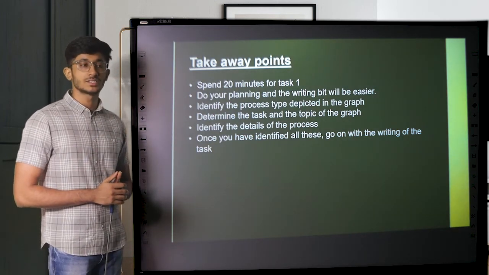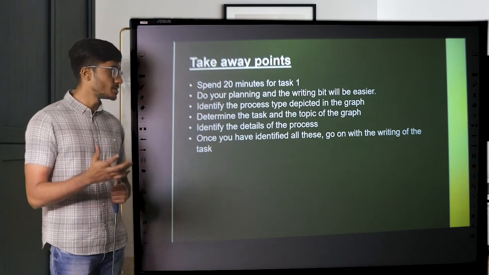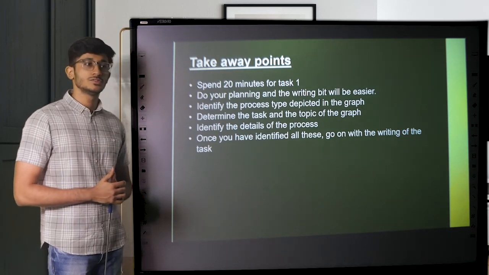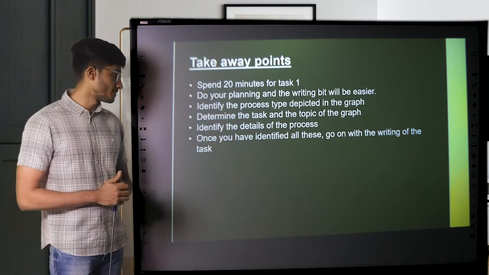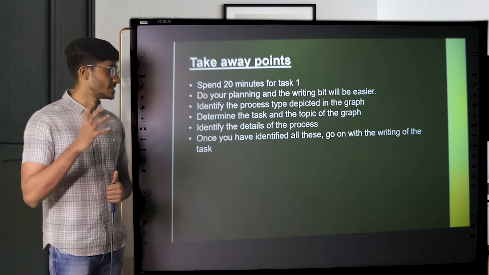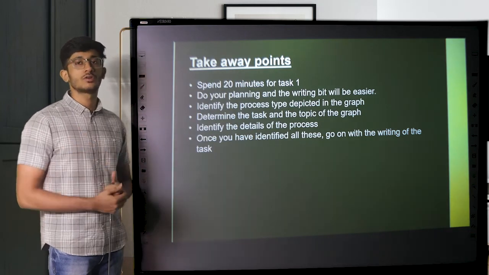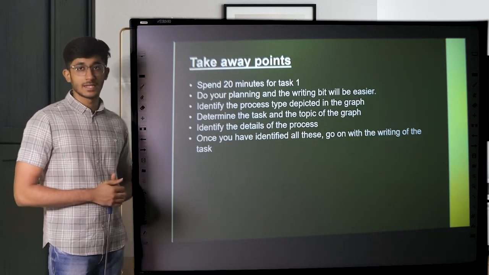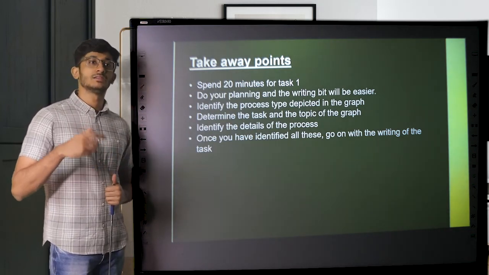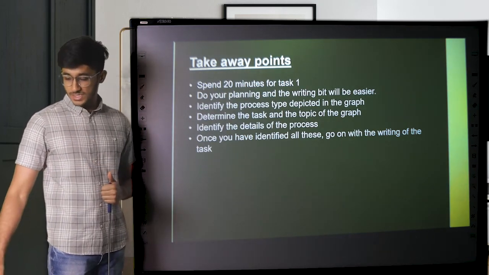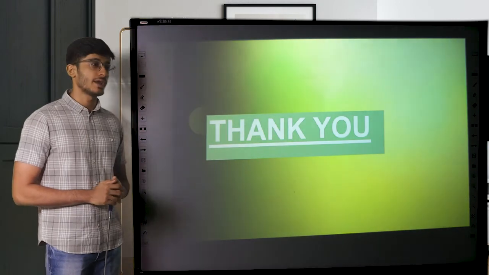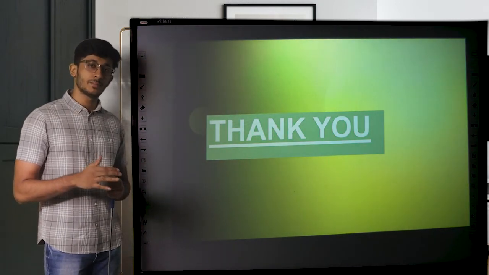And if it is a process diagram regarding changes to a particular place, then you have to jot down details in terms of the before picture and the after picture. And once you have identified the details, you can go on writing the task, and that would be explained in the part 2 video.